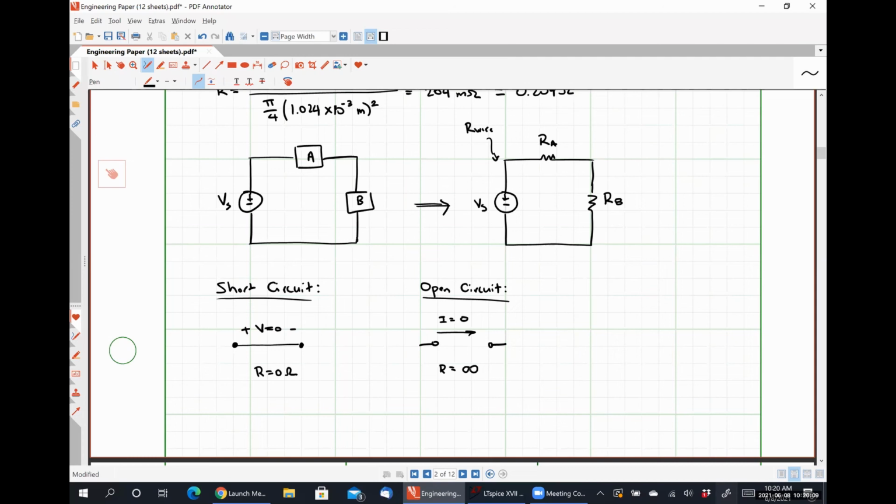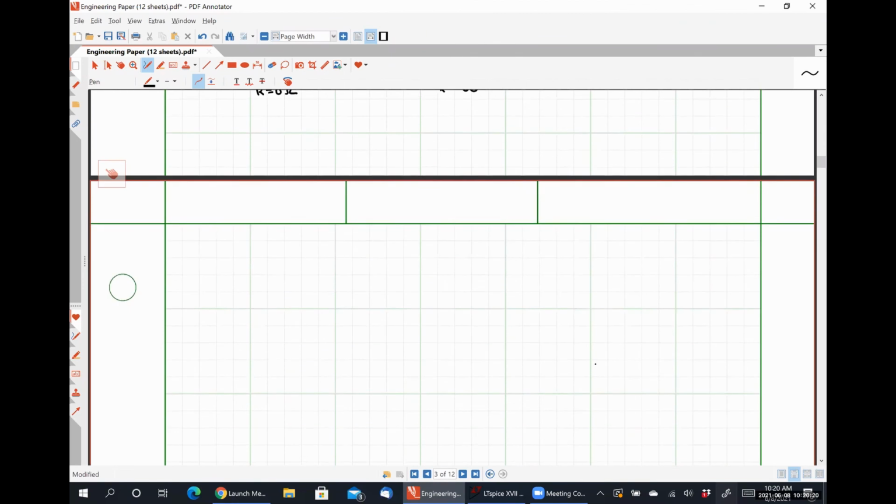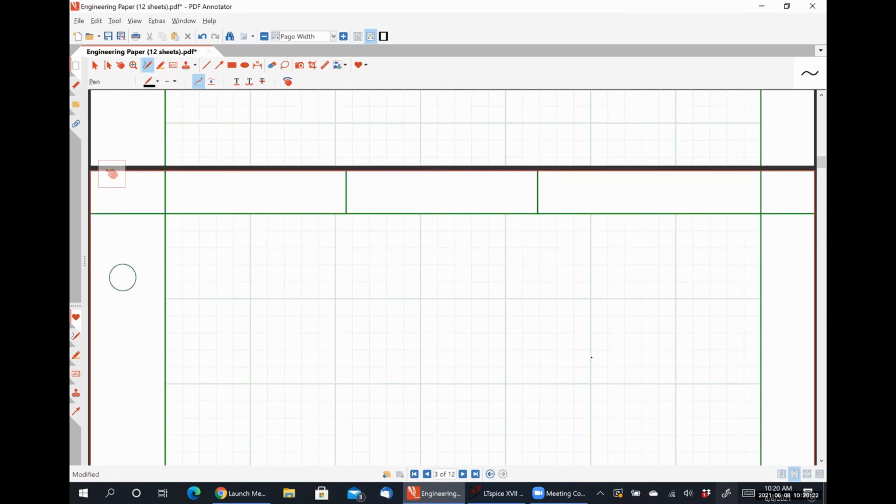So with that out of the way, we can develop some other relationships around Ohm's law. We know that Ohm's law gives us V is equal to I times R, and we also know that power is equal to I times V. If we substitute our Ohm's law relationship into our power relationship, we can actually get two new expressions.